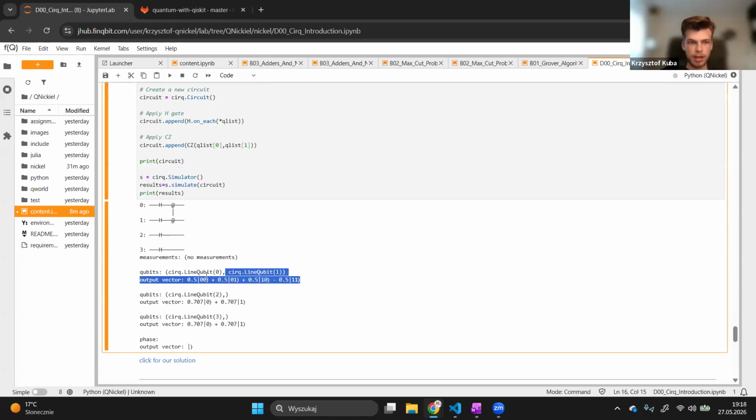Yeah, here is what I was talking about, right? We had the controlled Z gate, and this changed the state of the 1, 1 qubit with this minus phase.